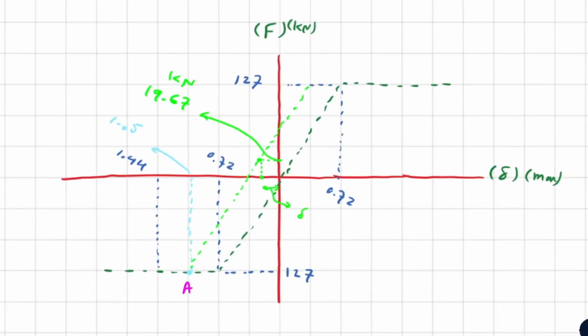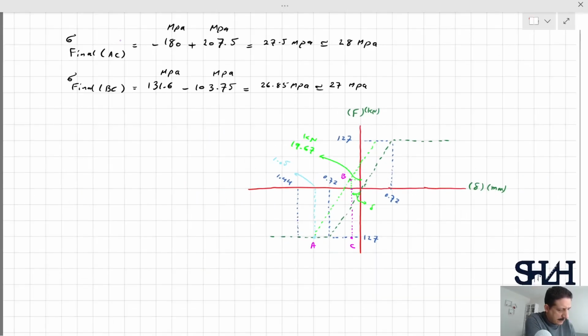Assume this is A, and here this is B. This point is C. So what we know is that BC divided by AC is parallel to the main line, which is O, D, and E. So it will be with the same slope as OD, or it will be DE divided by OE.